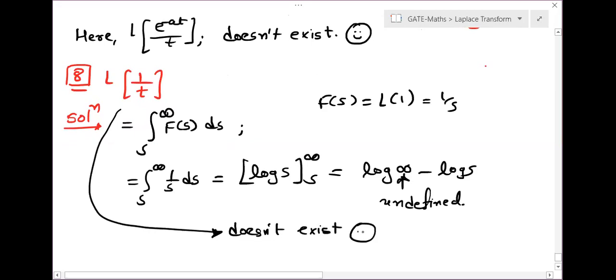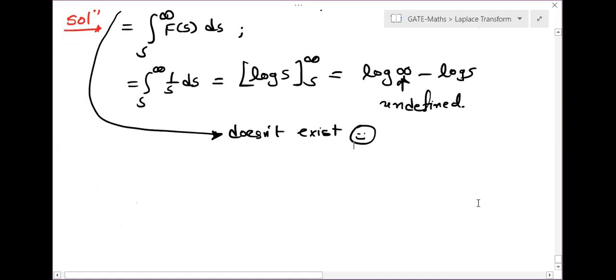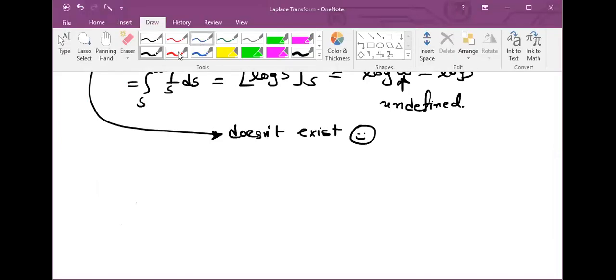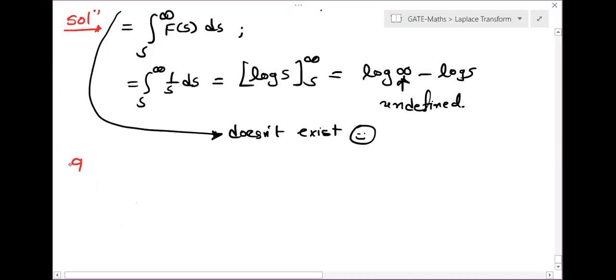Okay, now let us see different examples as well. Now, question number 9. I find this example very much helpful. Laplace of e to the power minus at minus e to the power minus bt divided by t.